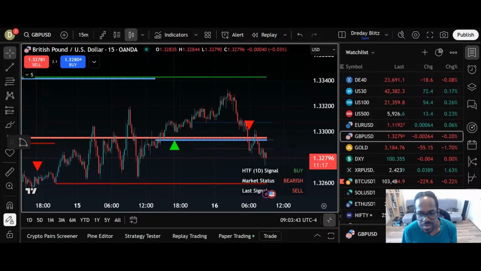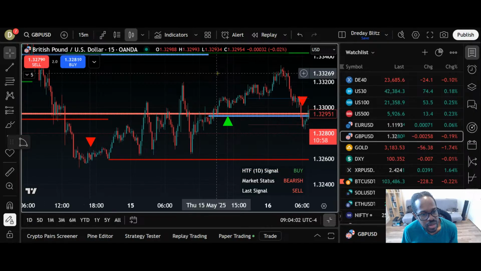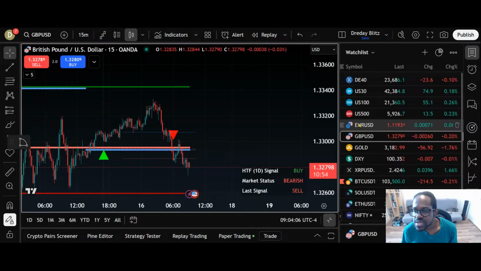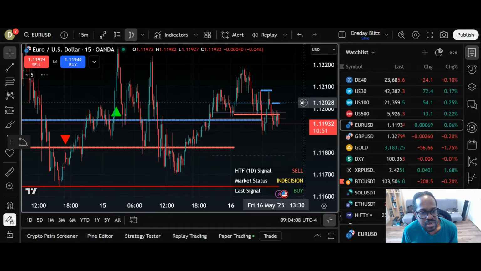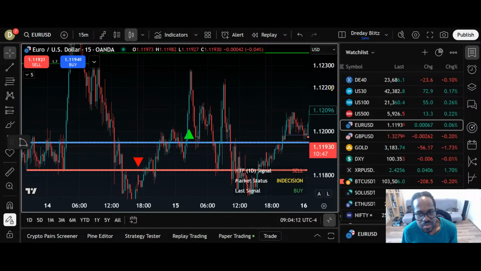Basically, I'm using my own custom indicators here, called EMX, EMX AI, and other indicators. Currently, what you're watching here is my Wyckoff AI indicator. There are multiple components included in it, and only I will know exactly how to work it out.